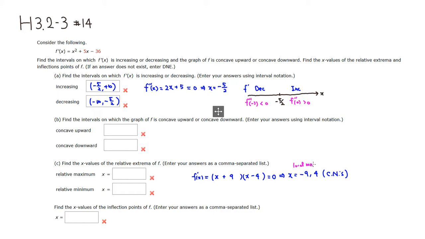And at 4, you can see that it's concave upward, so this is going to be a local minimum. So the relative maximum is at x equals negative 9, and the local minimum is at positive 4. So it's negative 9 and positive 4.